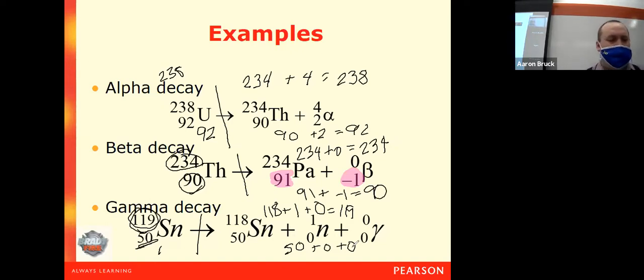So that's 50 overall. Gamma decays usually do occur without changing the element itself. So this is one form where the unstable nature of the tin 119, basically the energy of that nuclide is so great that when it ditches that energy, it also knocks off a neutron in the process.